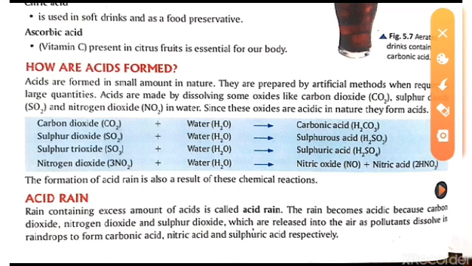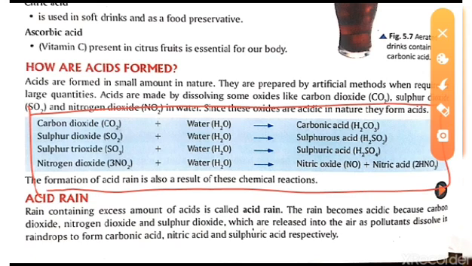Just like in this table, when carbon dioxide reacts with water, it gives carbonic acid. When sulfur dioxide reacts with water, it prepares sulfurous acid. When sulfur trioxide reacts with water, it prepares sulfuric acid.